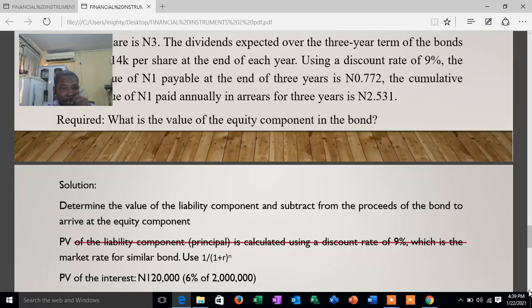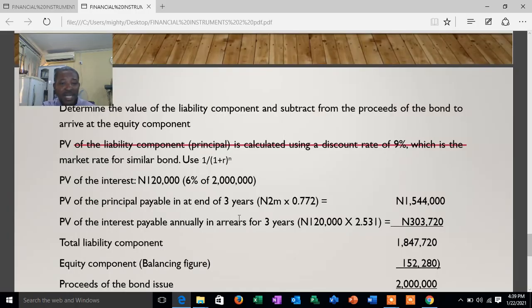And if you like, you can do it one after the other. Take for instance this formula: 1 divided by 1 plus R power n. R is the rate of interest, which is 9%. So you have 1 divided by 1 plus 0.09, then power n, you do that for year one.